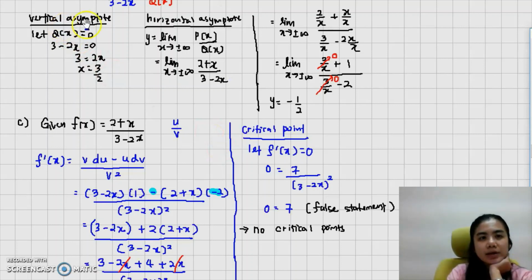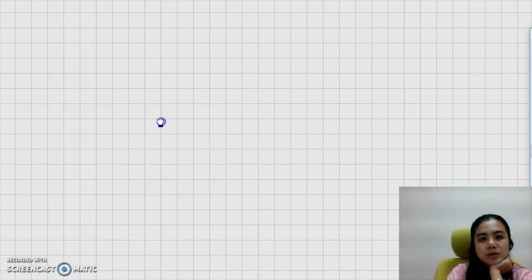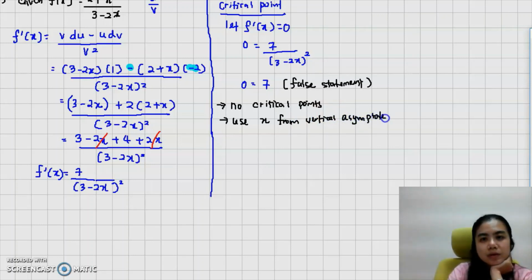So this is our vertical asymptote. Okay, so we're going to use this one, x equal to 3 over 2, to form the interval table.